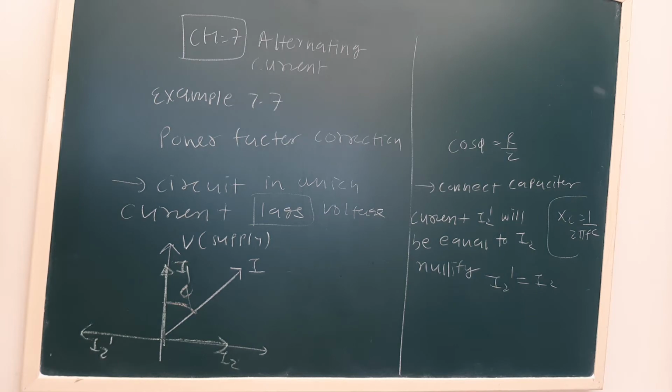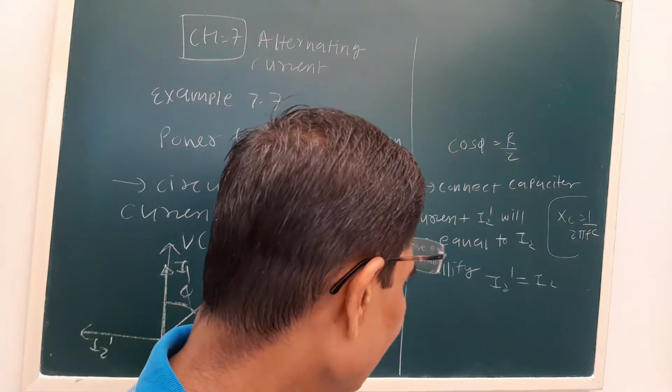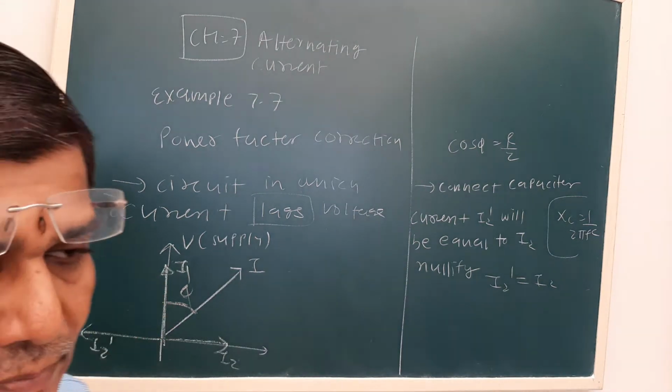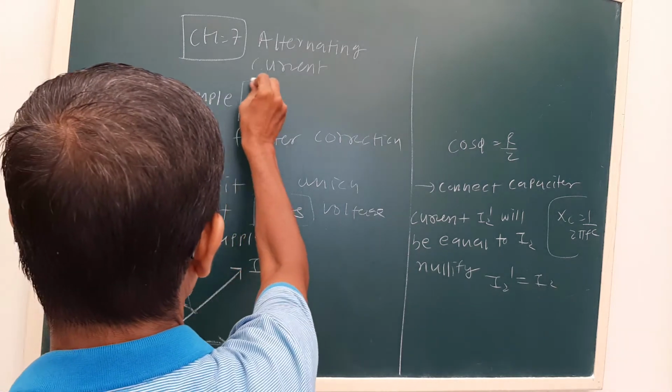By connecting a suitable component, we can nullify this lagging effect. We can improve the power factor of the circuit, and power in the circuit can be increased. So this is about example 7.7.